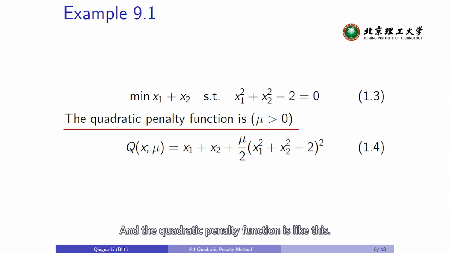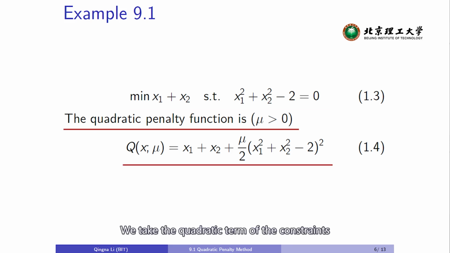And the quadratic penalty function is like this. We take the quadratic term of the constraint and multiply it by the quadratic penalty parameter mu. By doing this, we get the quadratic penalty function Q(x, mu).